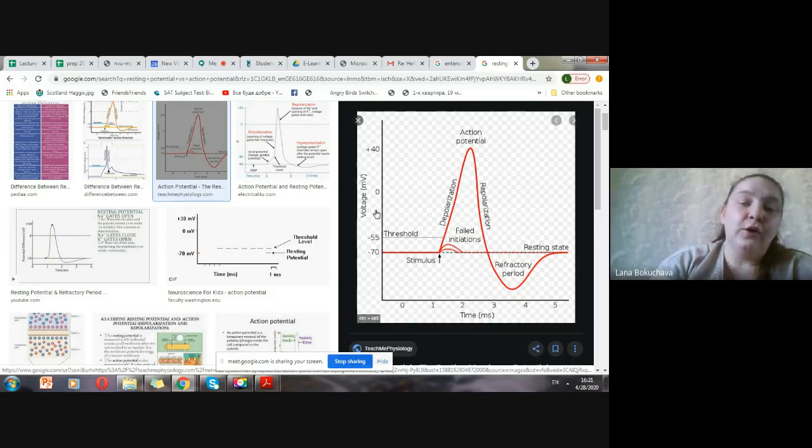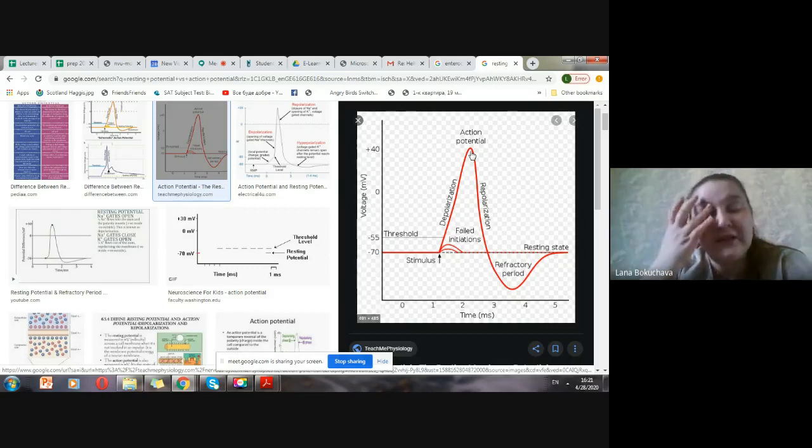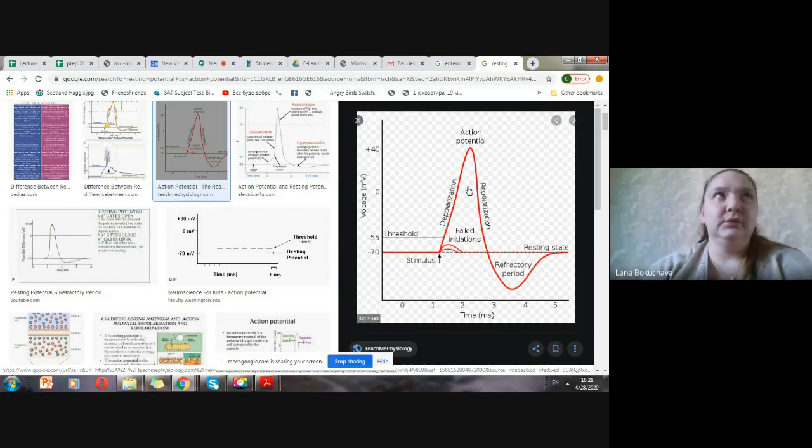Here is the voltage in millivolts, from minus 70 towards plus 40, as you can see. That is what gives the trigger for the cardiac cell to contract. Sure, the action potential is not something like a perpetuum mobile, meaning that it's not continuous.